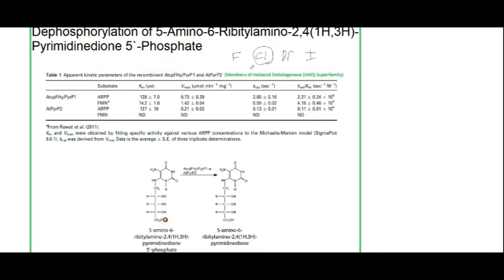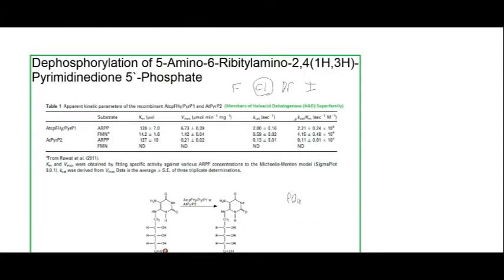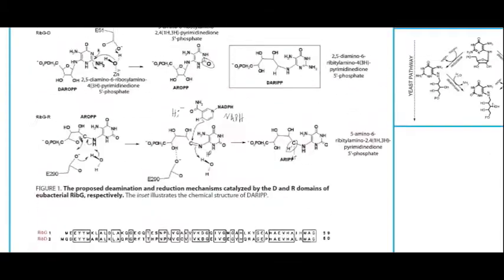So removing chlorines from hydrocarbons. But the same mechanism is used for removing phosphates as well. And so the enzymes they found were members of that HAD, that haloacid dehalogenase superfamily.